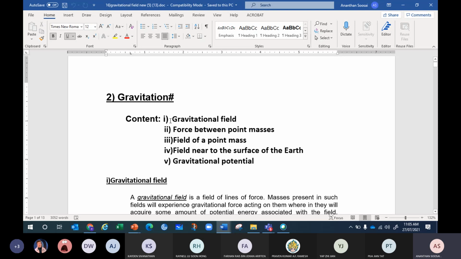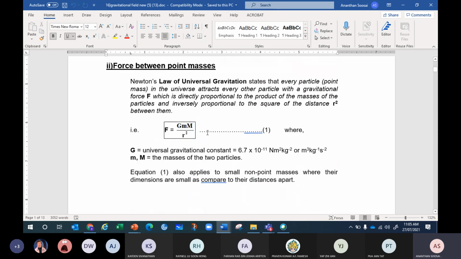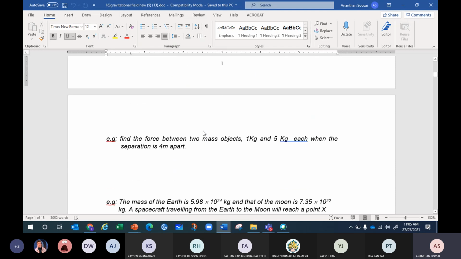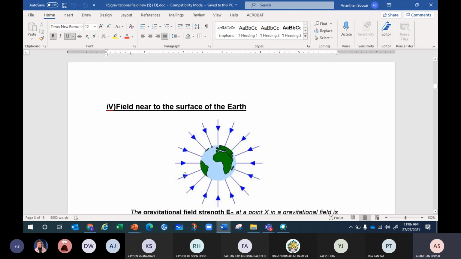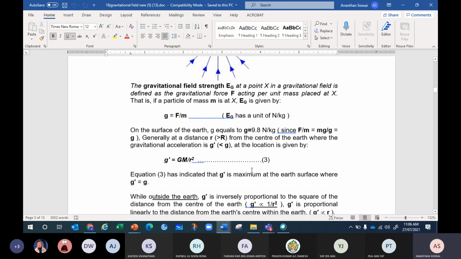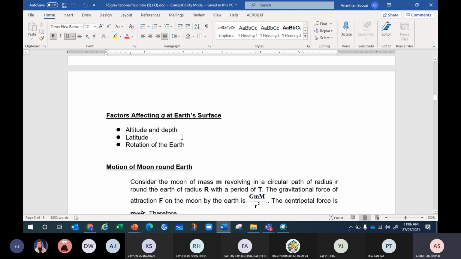So gravitation. Let's explore further. We've done Newton's law, GMm/r squared. Then we explored what is meant by gravitational field strength, GM/r squared. Then we checked how the field pattern looks. Then how gravity changes from the center to the surface, and the factors that affect it, mainly the rotation.